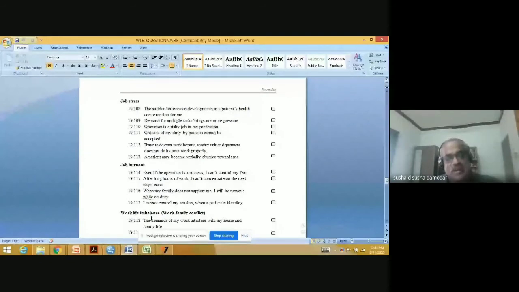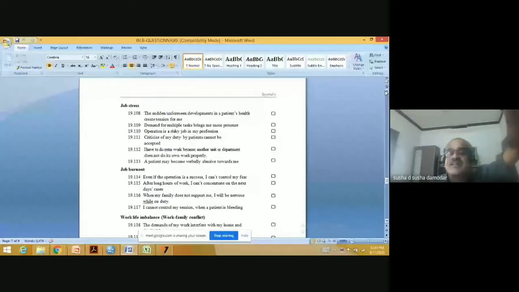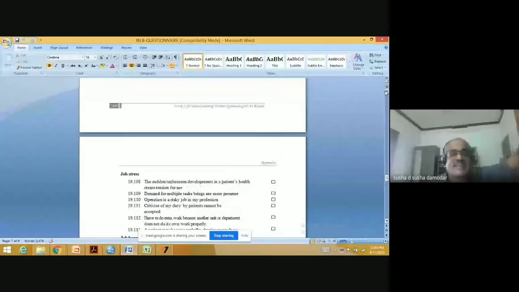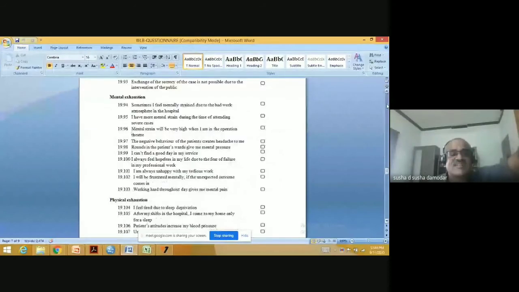This work-life imbalance is a dependent variable which is affected by n number of independent variables: job burnout, job stress, then physical exhaustion, mental exhaustion. So many variables affect the work-life imbalance.